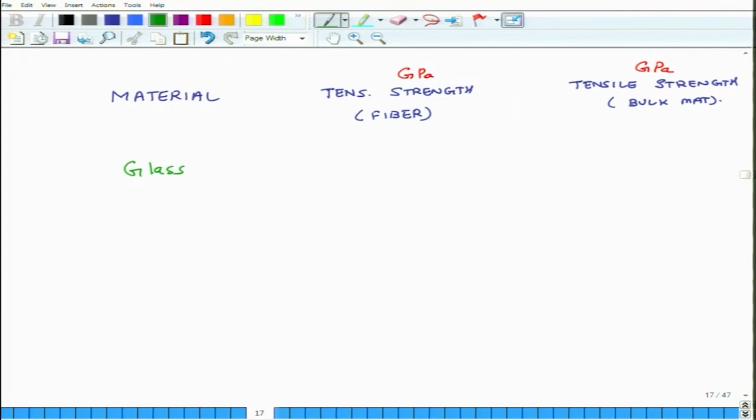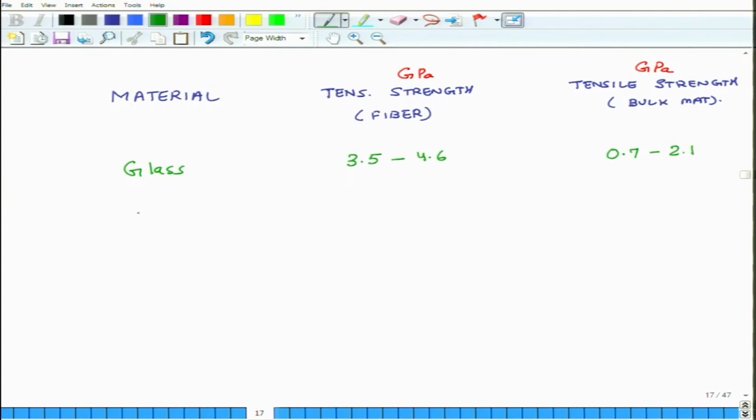If you look at the bulk material strength, its strength is anywhere between 0.7 GPa to 2.1 GPa. Okay. So, 700 megapascals to 2100 megapascals. But if you look at the tensile strength of individual fibers, you will see that this number is significantly higher, 3.5 to 4.6. So, significant increase in the strength of the fiber.